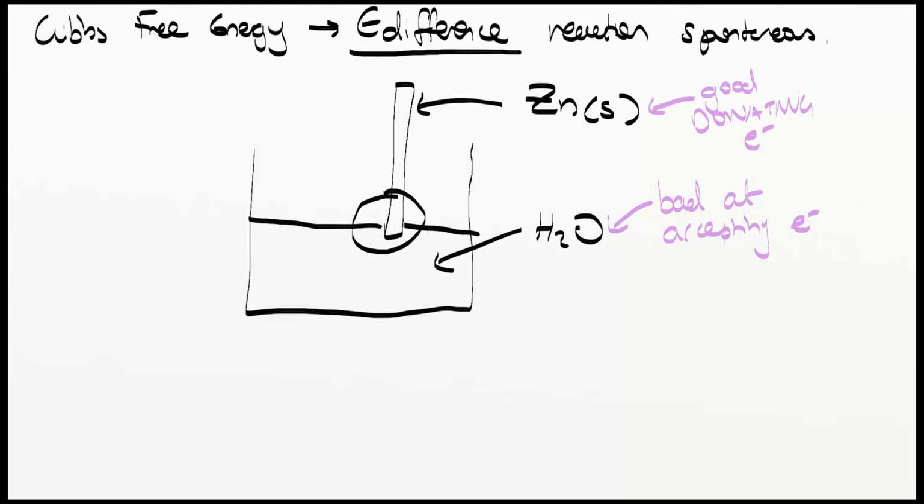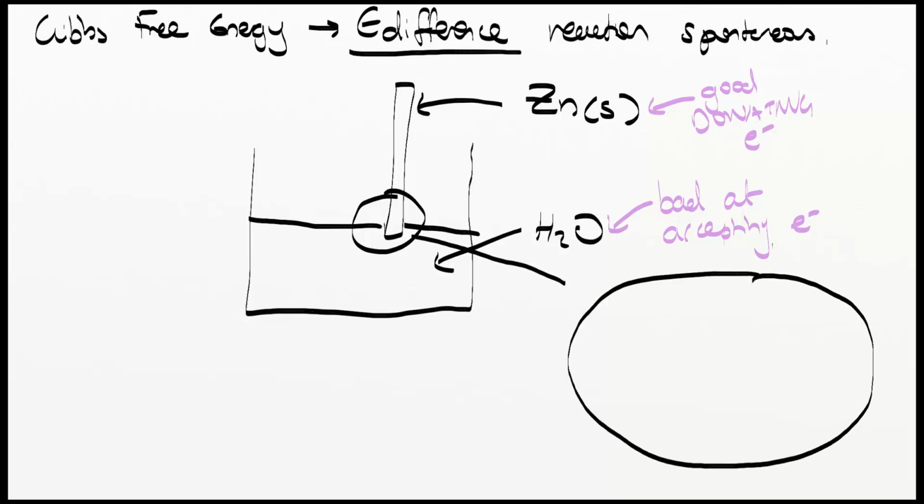So let's say we take this over here and we zoom in a little bit. Over here on one side of the jar we have our zinc metal, and over here we have our water. Let's just imagine that this whole thing is immersed in water.